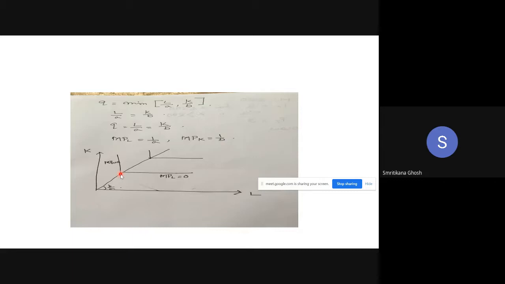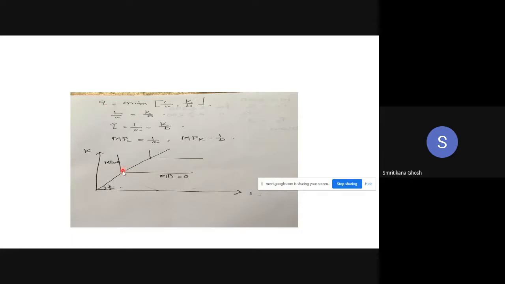Now you have increased labor employment. That means L by A is greater than K by B now. From this point, you are going to employ more and more labor. Initially, this is the point where this inequality holds.